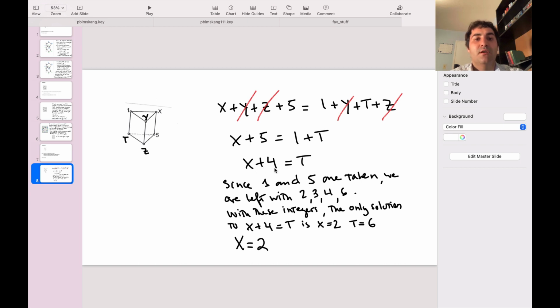Because 2 plus 4 equals 6, and we can't use any other values to satisfy this equation. So in other words, we found the x value, and the x value is equal to 2.